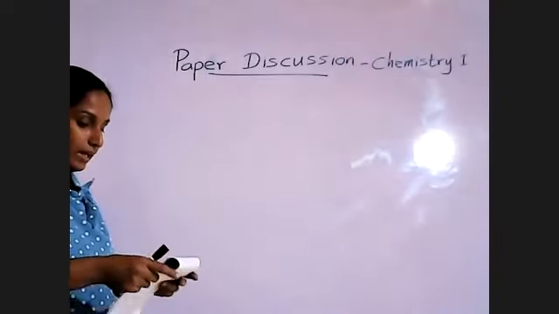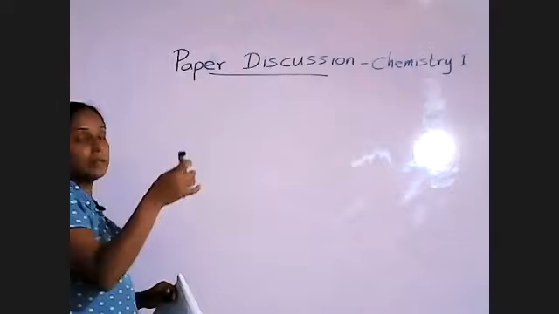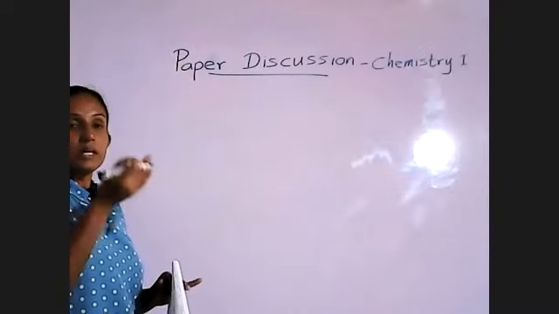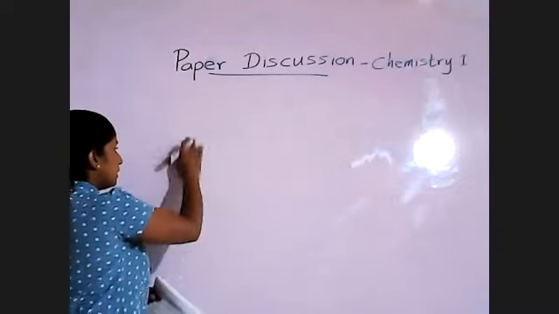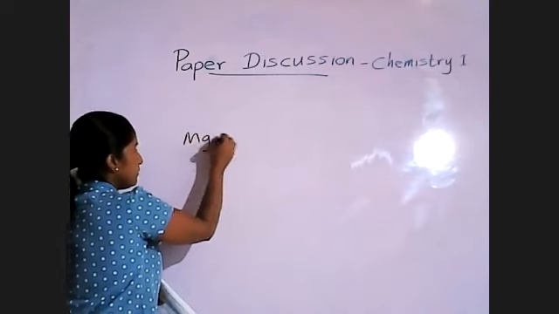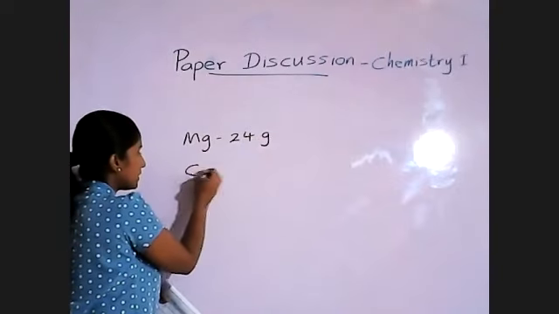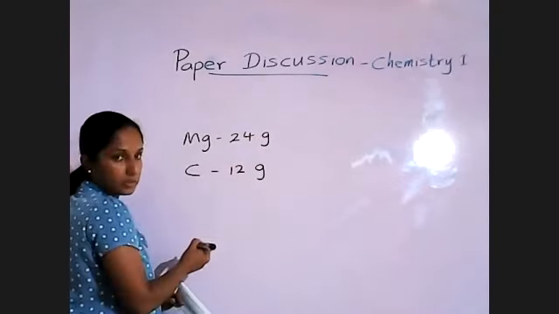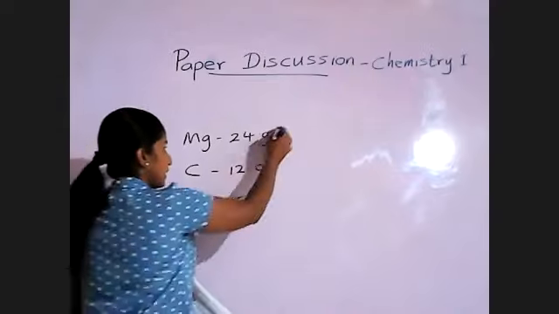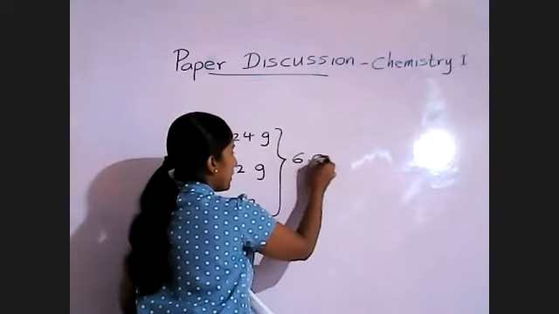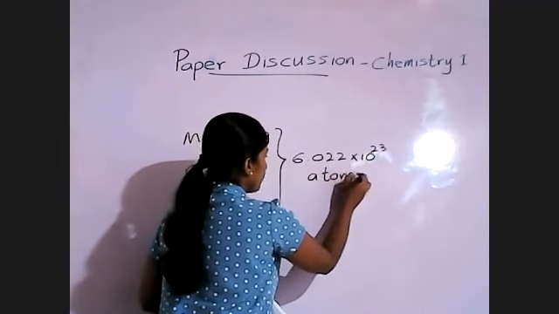When we take any element, the mass of any element that is equal to the relative atomic mass in grams, if it is magnesium, 24 grams, if it is carbon, 12 grams, if it is oxygen, 16 grams, it contains the Avogadro number of atoms.